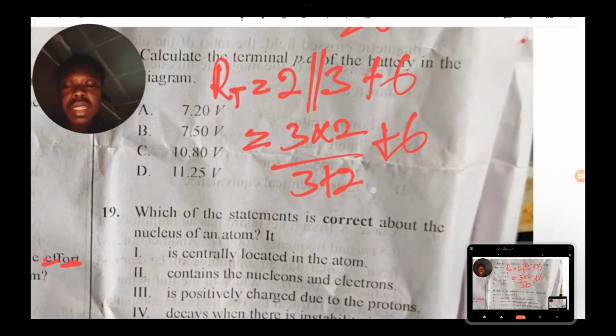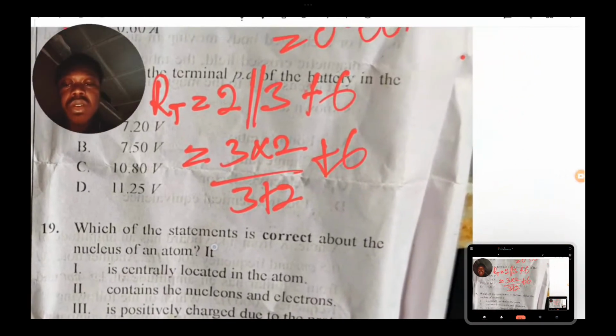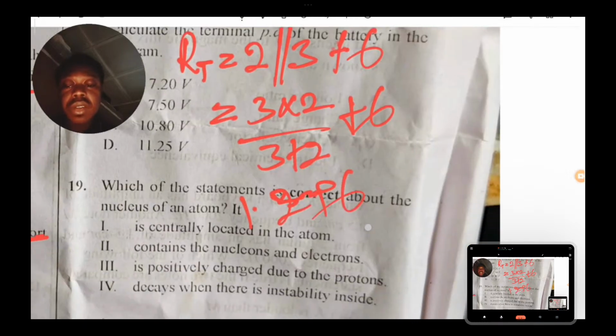So that if we expand this, I'm going to have 3 times 2 over what? 3 plus 2, then plus 6. So that everything will give me 1.2 plus 6. 1.2 plus 6 will give us 7.2 ohms.